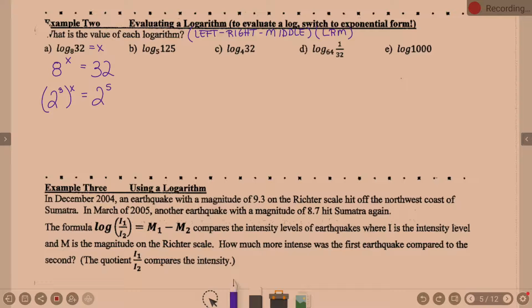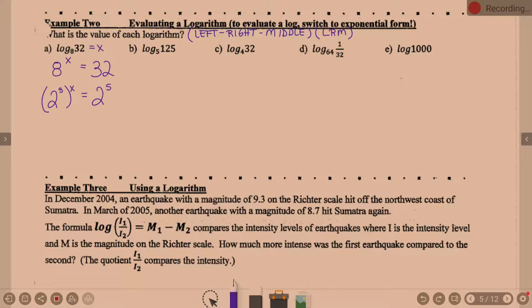What did I do? I just rewrote these both with the base of 2. And that's going to be our goal here: how can you rewrite these bases with the same base? In this case, how can I make 8 and 32 have the same base?